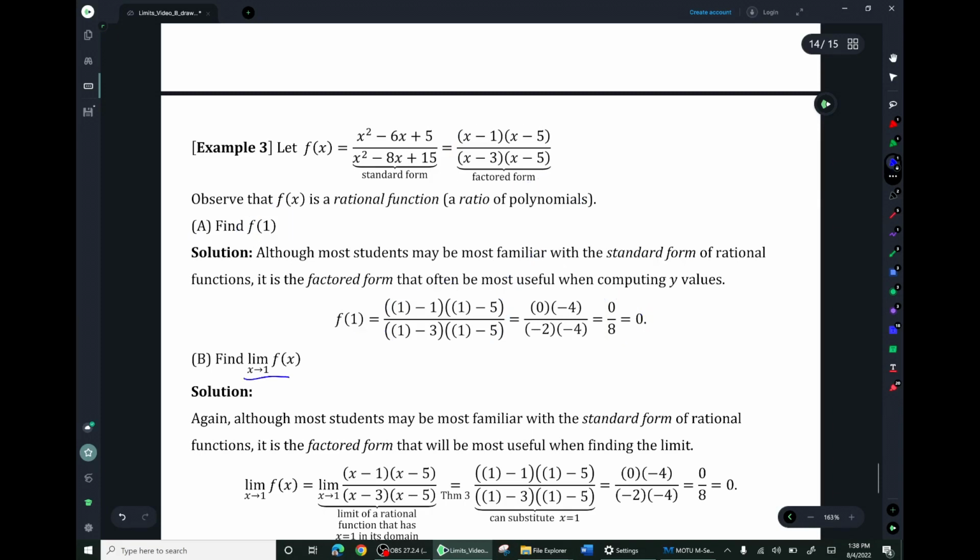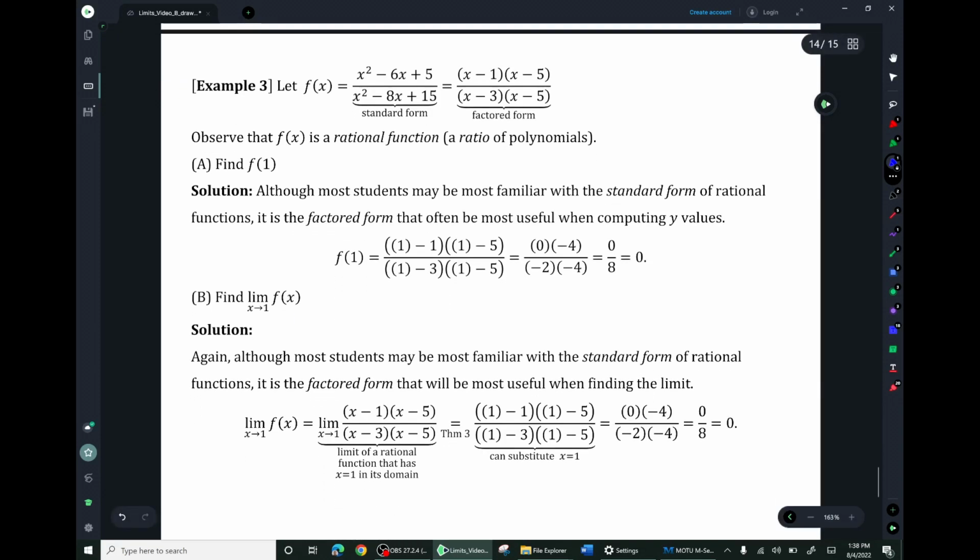Question B says, find the limit as x approaches 1 of f of x. Well, again, you might be more familiar with the standard form of rational functions, but it's the factored form that we'll use. So we're being asked to find this limit. In the first step, what I do is I write down the expression we're being asked to find, and then I simply replace the symbol f of x with the formula for f of x.